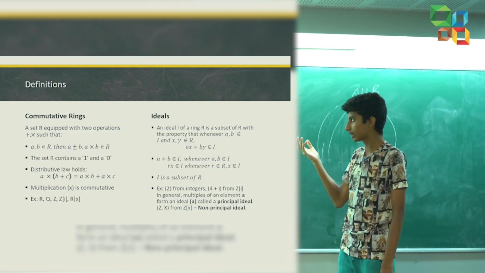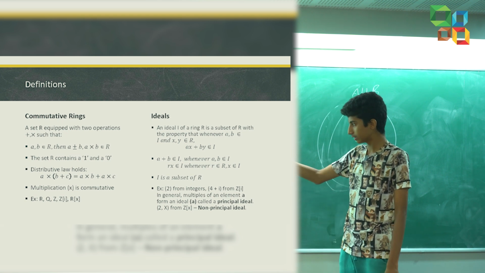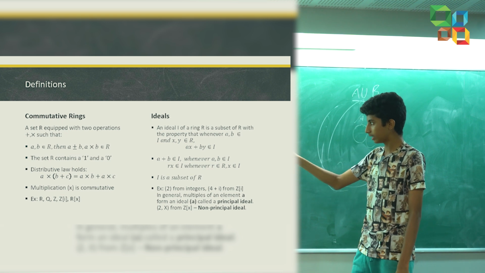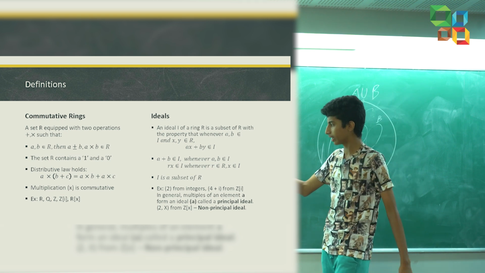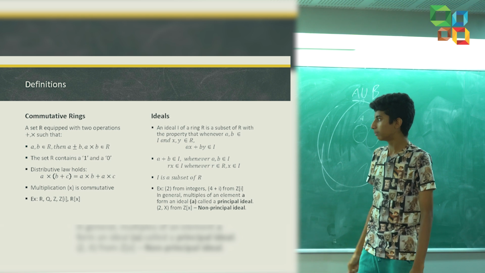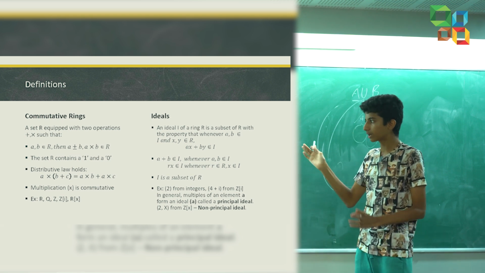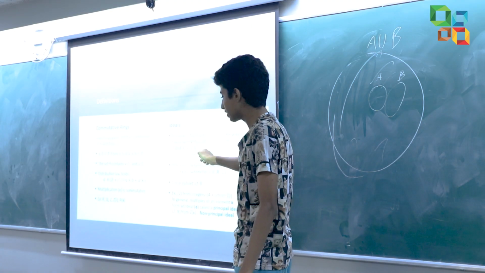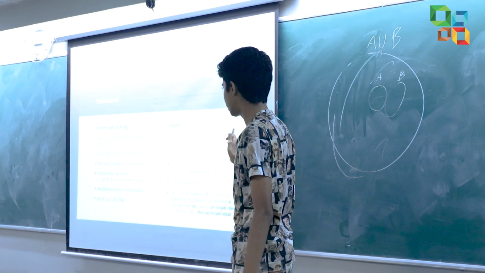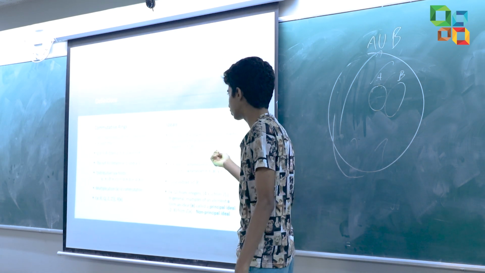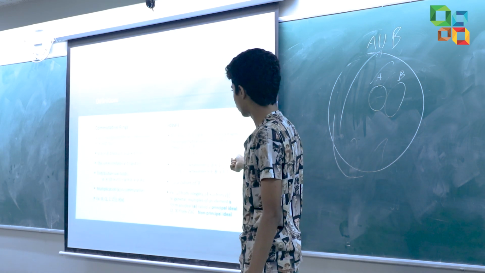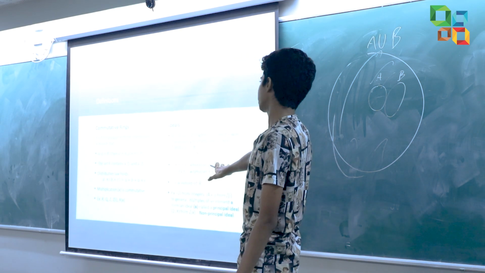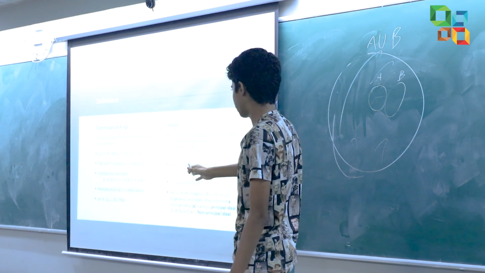subsets of a ring R with the property that whenever a and b belong to I and x and y belong to R, ax + by belongs to I. This is quite a mouthful, but this definition is convenient and compact. All this definition is telling us is that the ideal is closed under addition, so a + b belongs to I whenever a and b belong to I. And one more thing, it's sort of similar to closure under multiplication, but it's rather all multiples of an element.